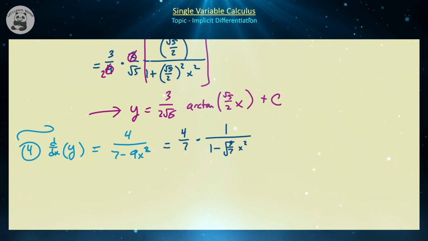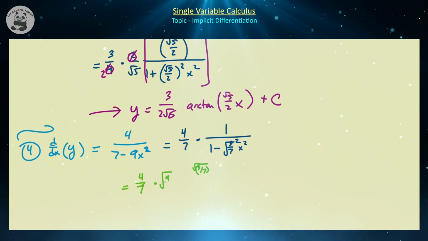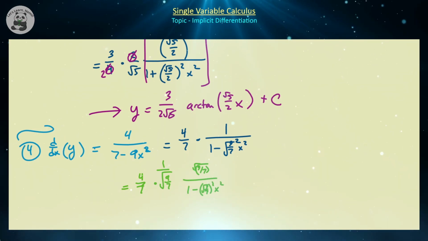And obviously I'm going to square root that and then square it, and that's going to introduce which constant I have here. So that's going to be equal to 4/7 times the square root of 9 over 7 on the top, and the reciprocal of that on the bottom. And then I'm going to have 1 minus the square root of 9 over 7 squared x squared.